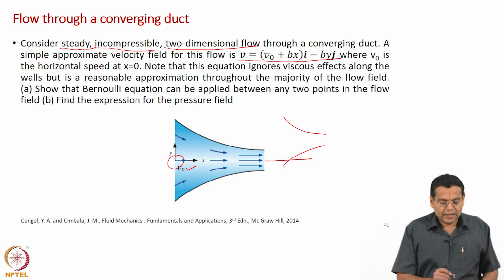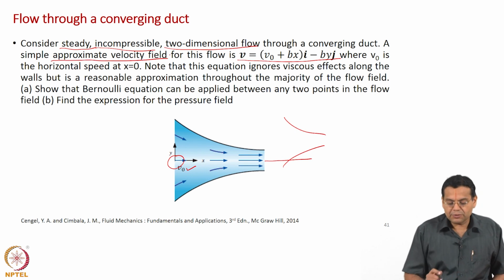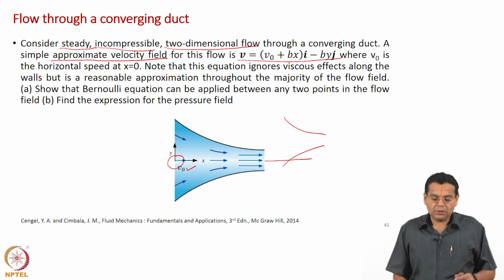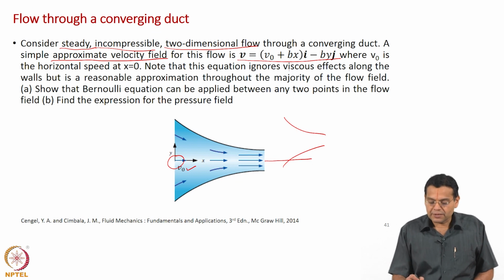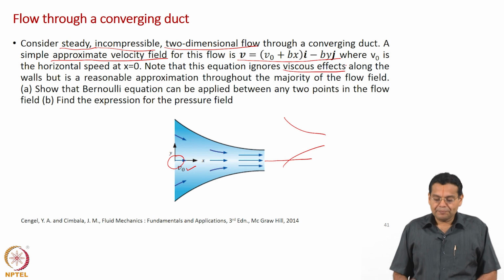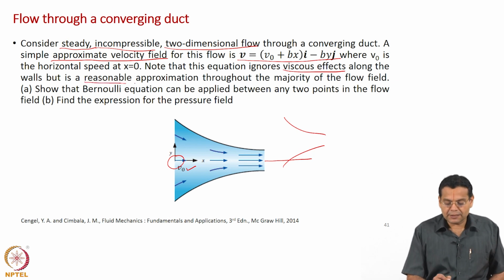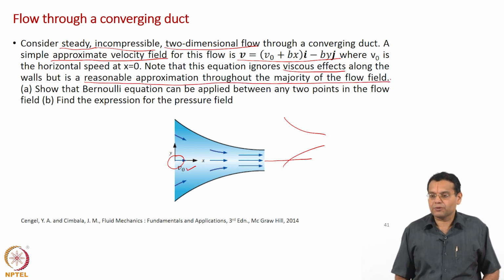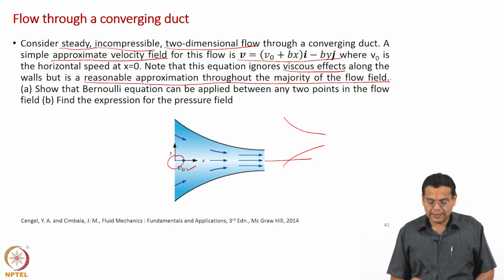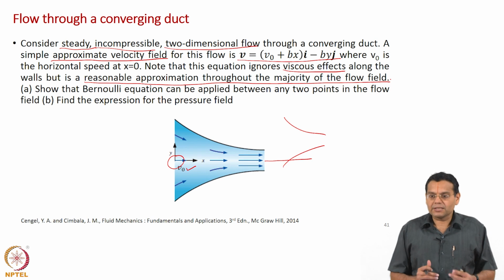Why is this an approximate field? Why does the question say it is an approximate field? Note that this equation ignores viscous effects along the walls, but is a reasonable approximation throughout the majority of the flow field. That is what we have been telling always. Whenever we say inviscid flow, what is the region of validity?